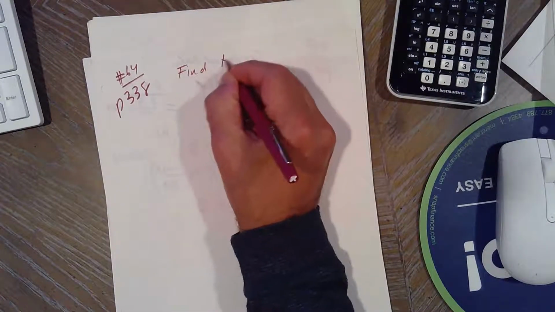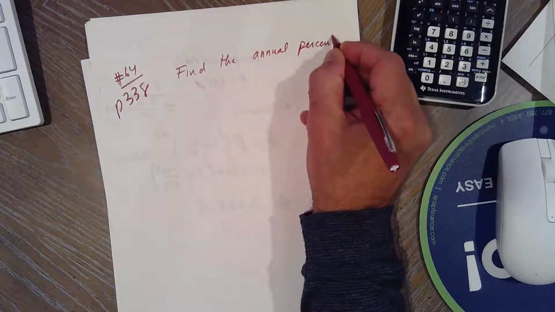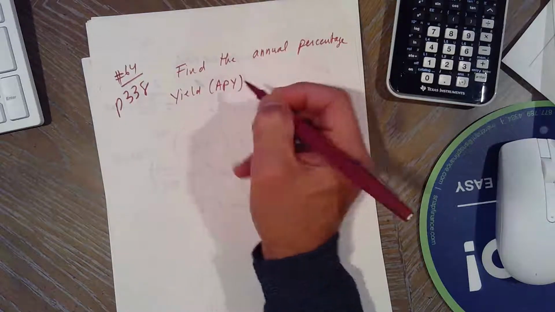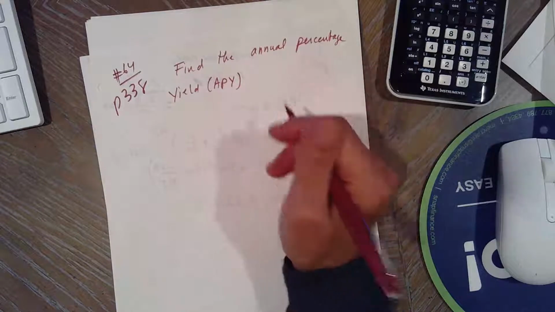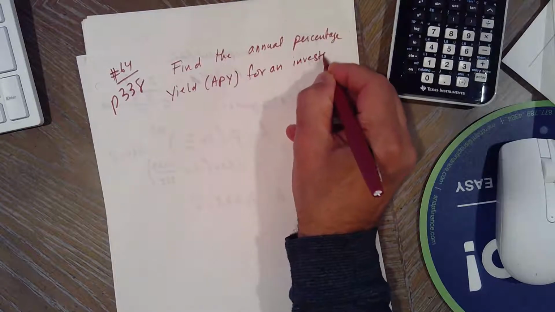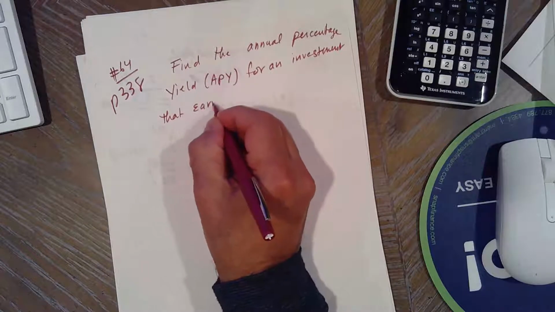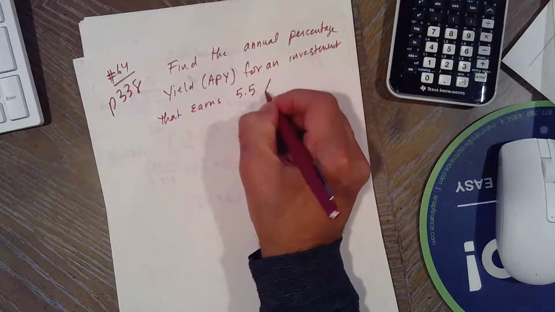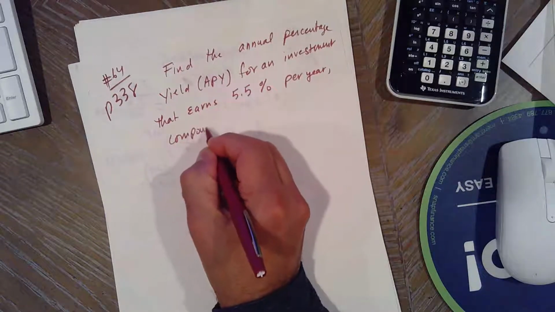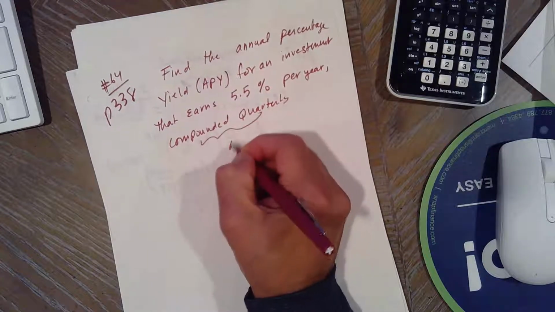Find the annual percentage yield, or what you see as APY, or APR if it's something you're borrowing, for an investment that earns 5.5% per year compounded quarterly. So compounded quarterly, that means N is 4.